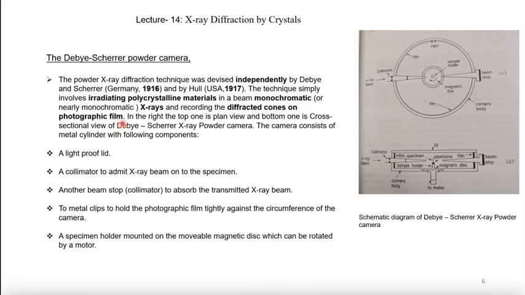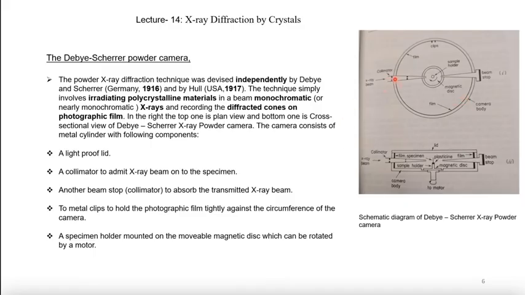And in the top here, you can see the schematic diagram of a Debye-Scherrer X-ray powder camera. Here is the metallic unit which is light proof. Lead should be light proof.